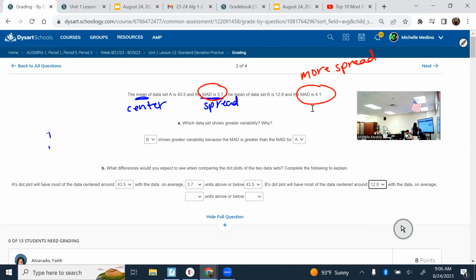With the data on average, how many units above or below? And then above or below what? Okay, good. So that's all knowing your measures of center versus spread. Any questions on that? Any other questions on this 12?